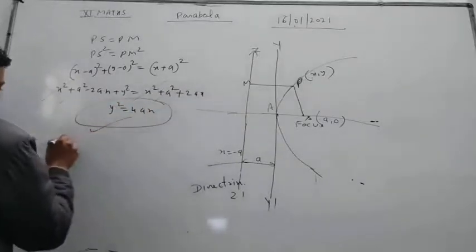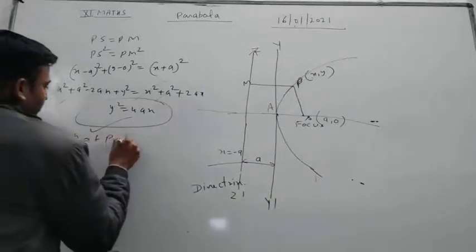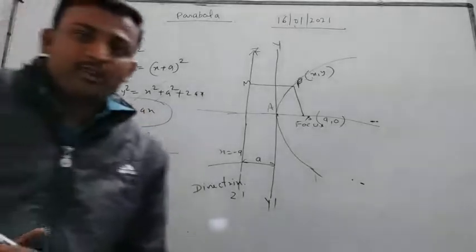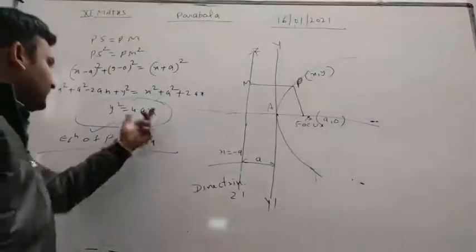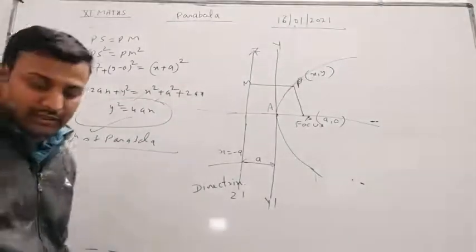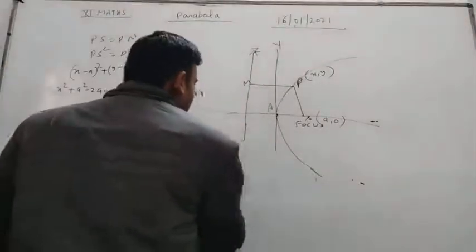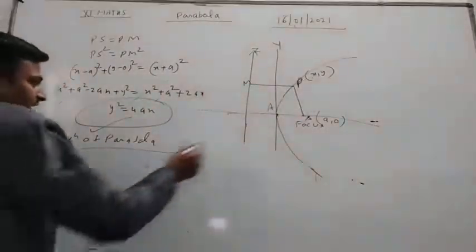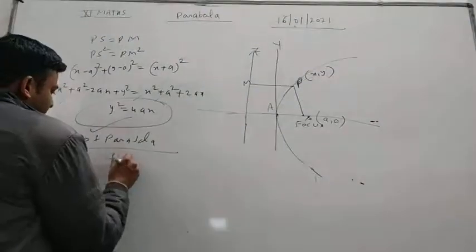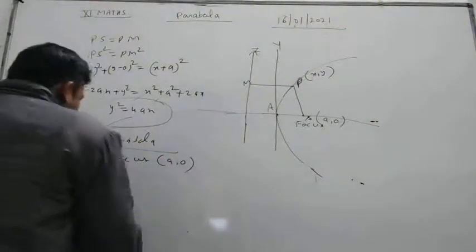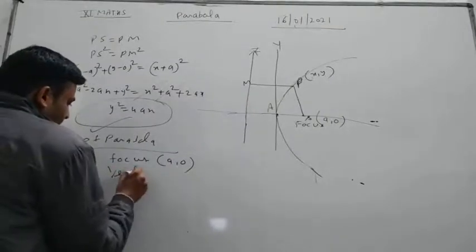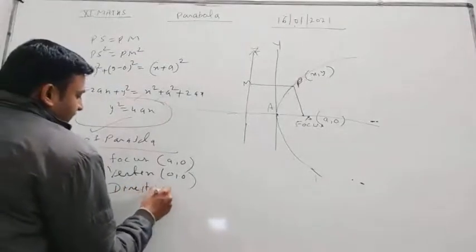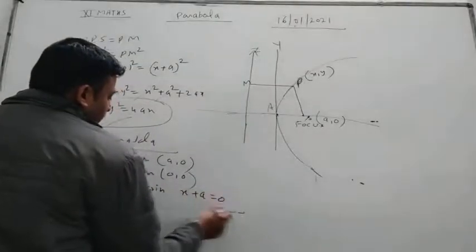So this is the standard equation of parabola. In this way, we can find our standard equation of parabola. In this case, its focus is (a, 0), vertex is (0, 0), and the equation of directrix is x plus a is equal to 0.